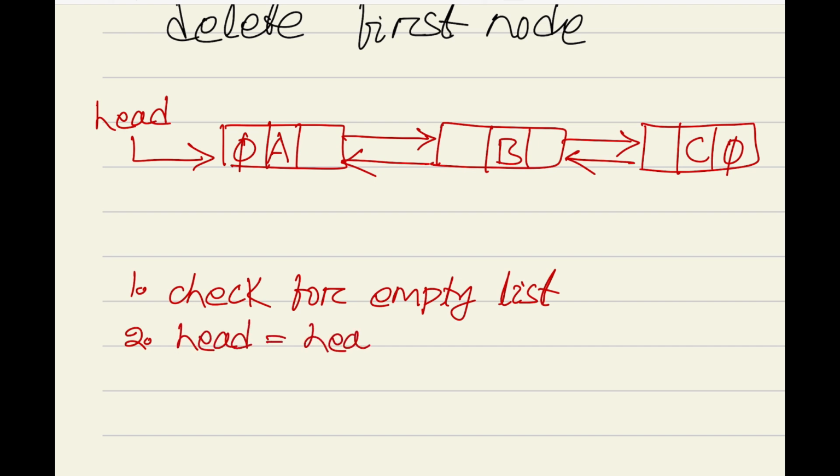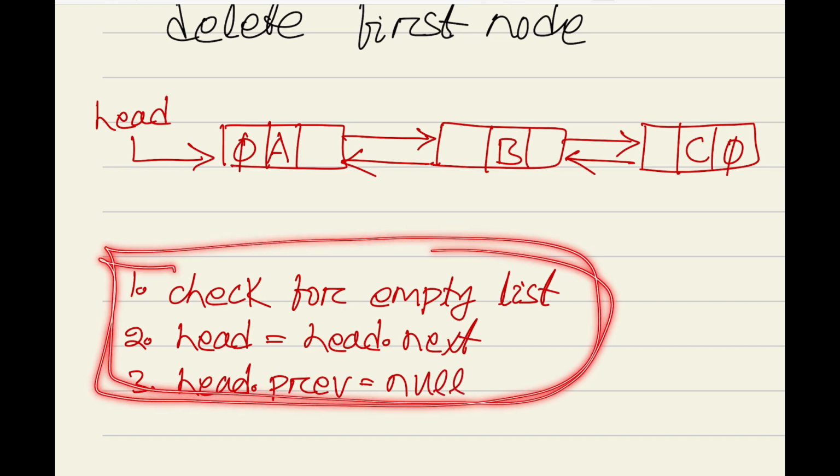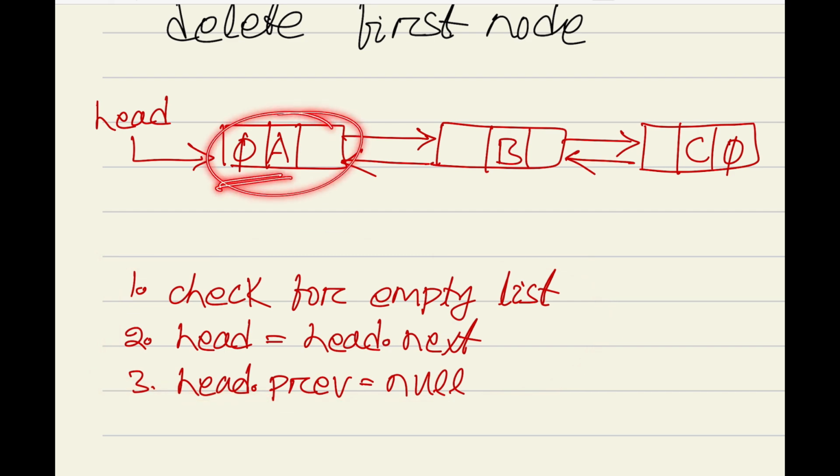So, head becomes head dot next, like we have discussed just now. Then what is the next step? In the next step just update the previous of the new head. So, we can write head dot previous equal to null. So, these are the 3 steps we need to follow when we want to delete a node from the beginning, or we can say when we delete the first node.